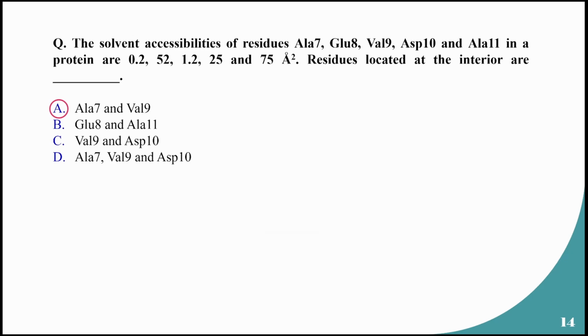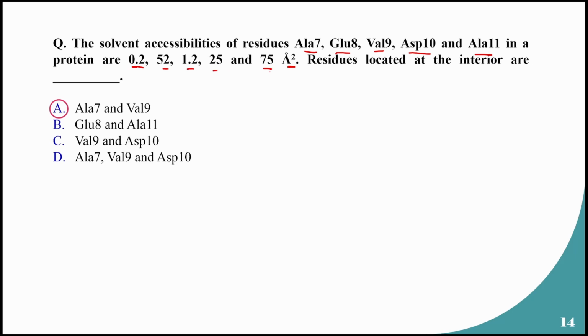If it is exposed to an external solvation layer or a water environment, that means these residues are accessible to solvent. Now here it is giving values for multiple residues, for example alanine 7, GLU 8, valine 9, ASP 10, alanine 11, and the values are given in angstrom square. So this is most likely solvent accessible surface area, right?